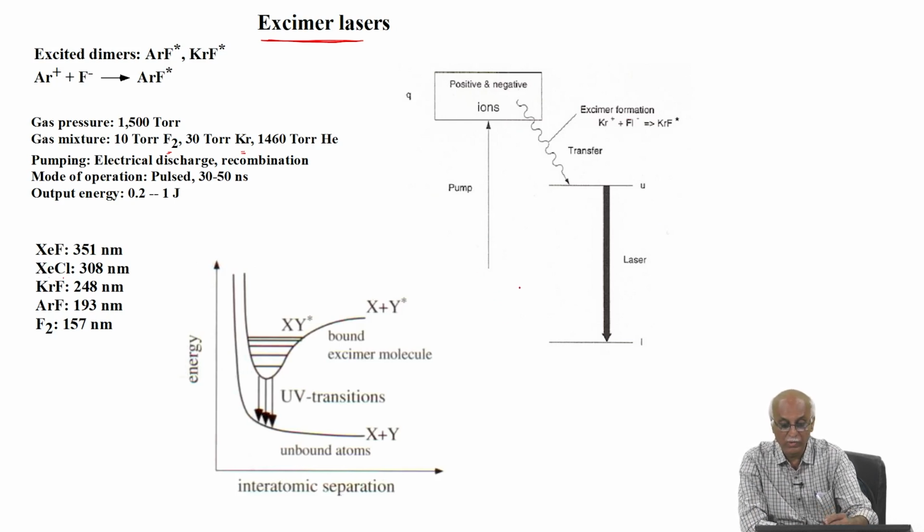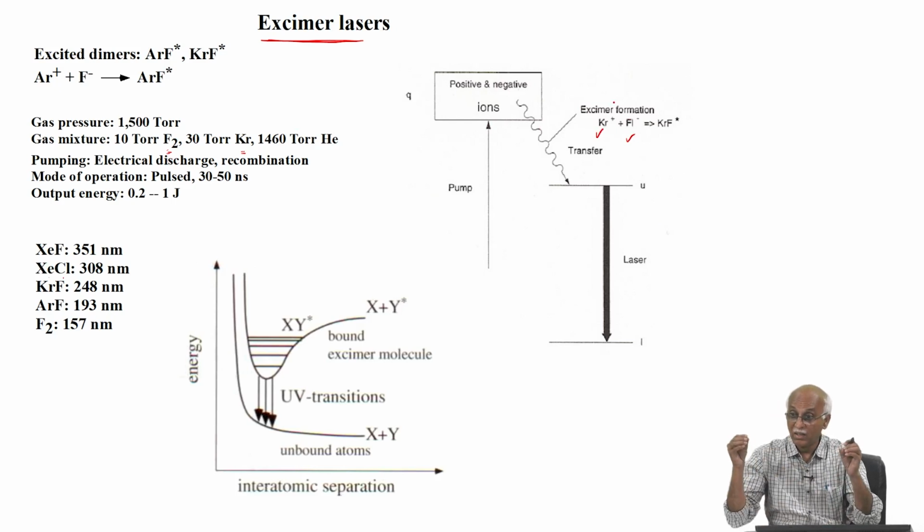And when the discharge is provided, what will happen is this F2, fluorine or chlorine etc., becomes a radical. And noble gases also become radicals: Kr plus and fluorine or chlorine minus. These radicals are very short lived, a few nanoseconds, but then they interact.